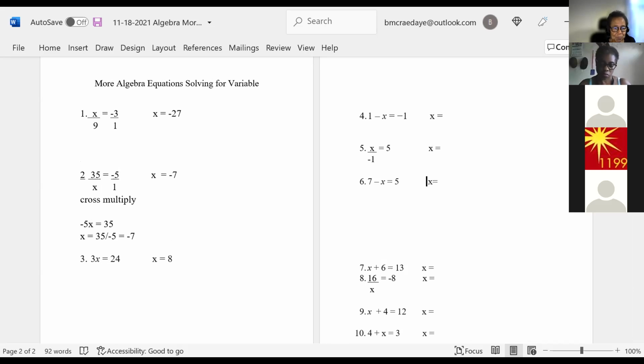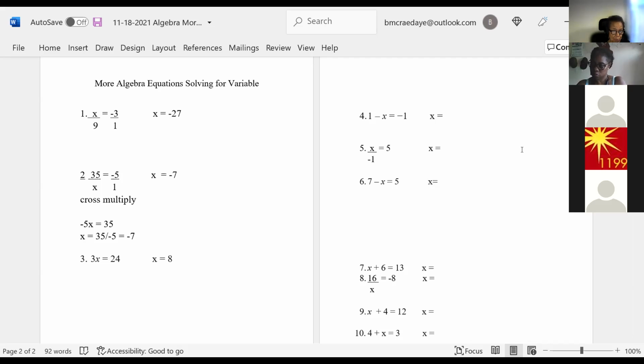Okay, 1, 2, 3, 4. You said 1 minus x equals minus 1. What number do you subtract from 1 to get a minus 1?